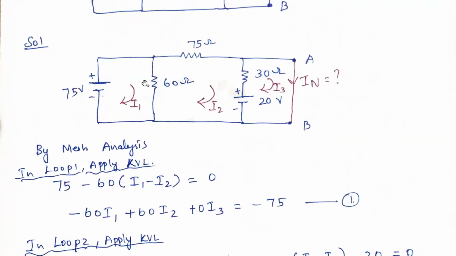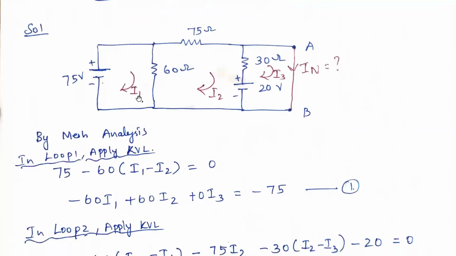So here three loops are there. The current flowing in the first loop is I1, in the second loop is I2, and in the third loop is I3. By using mesh analysis in loop 1, applying KVL, the current is flowing from minus to plus.